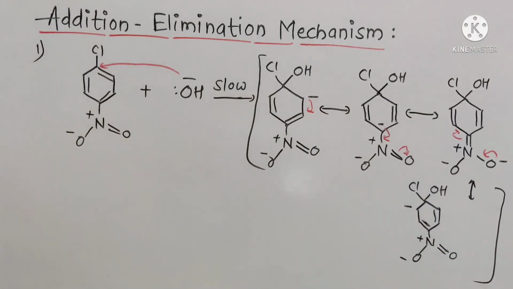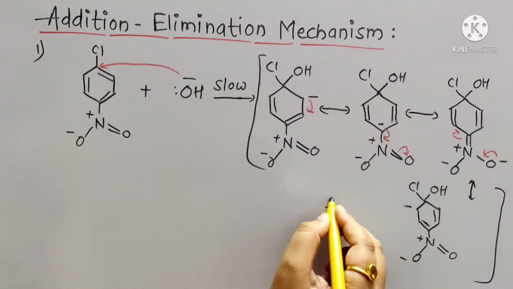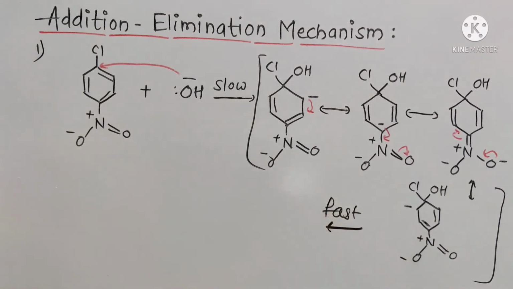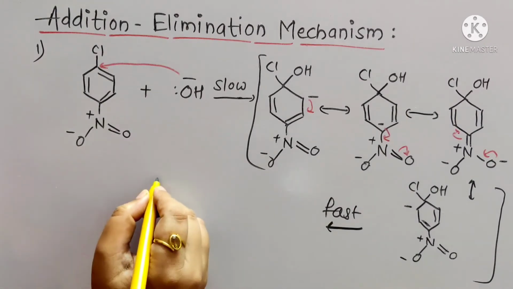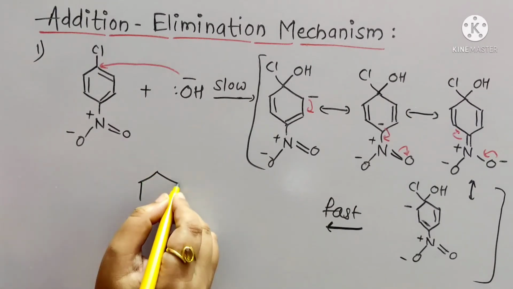This is the fast step in the reaction, and it can be shown by the removal of this halide. It can be written as the removal of the chlorine negative ion.